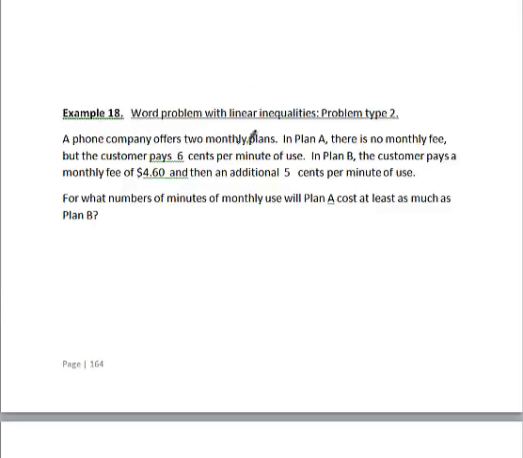Example 18, a phone company offers two monthly plans. Plan A, there's no monthly fee, but we pay 6 cents per minute for the plan. Plan B, there is a monthly fee of $4.60, but then I turn around and pay 5 cents per minute. What number of minutes? And we'll say x equals number of minutes.